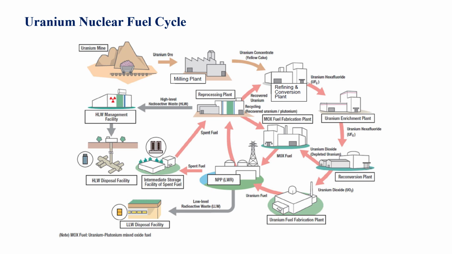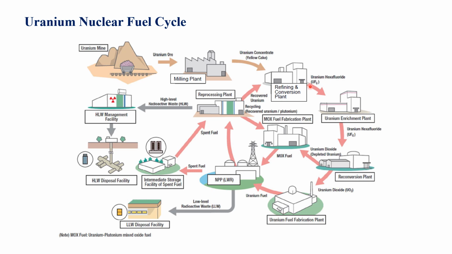So this is your uranium nuclear fuel cycle. It starts in your uranium mine, where you can get your uranium ore, and from that it goes to the milling plant. Then your uranium concentrate, which is yellow cake, will be refined and converted in your refining and conversion plant.